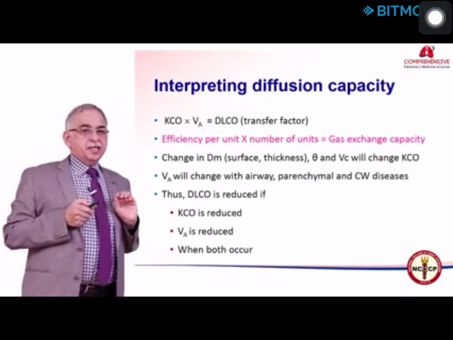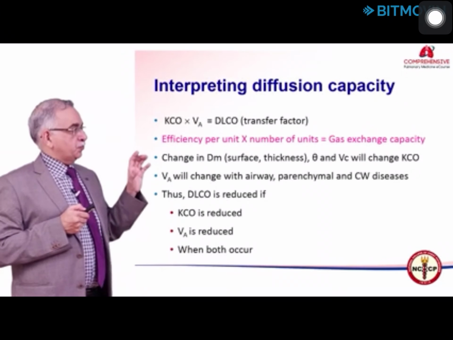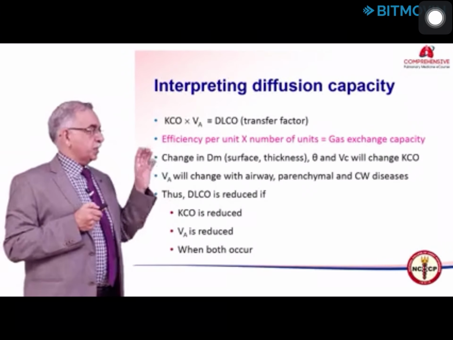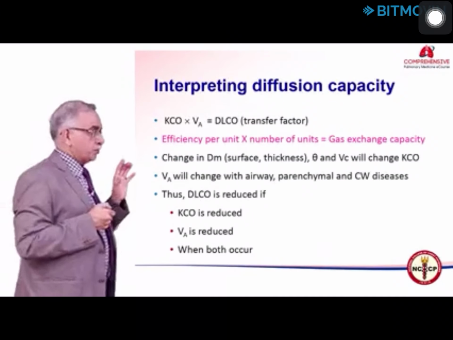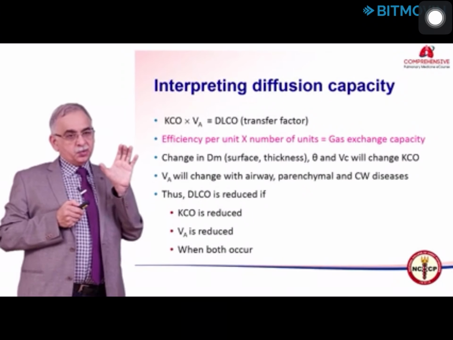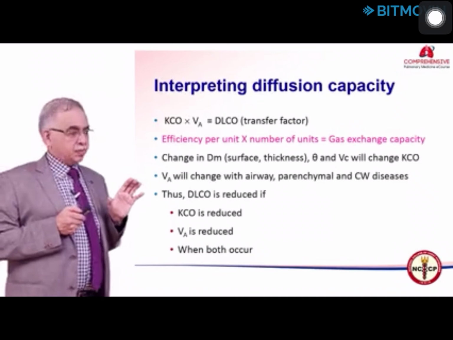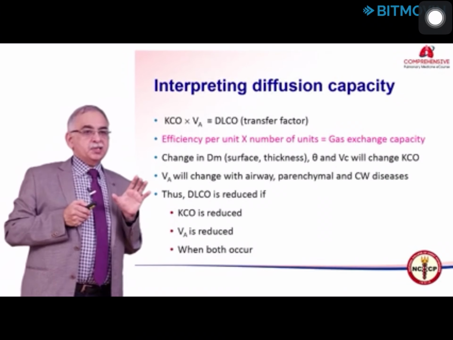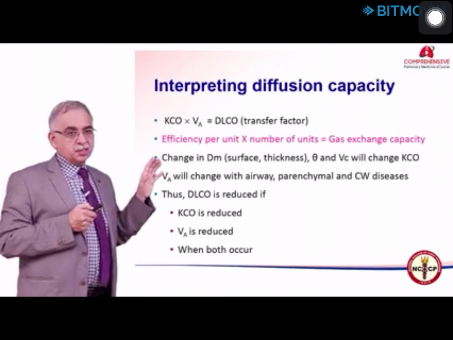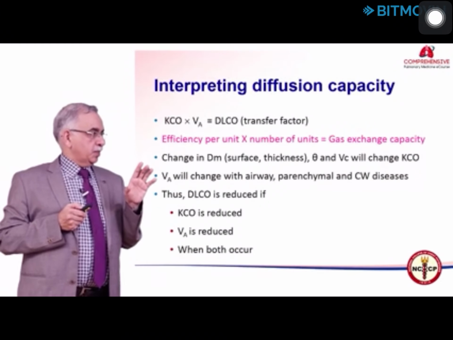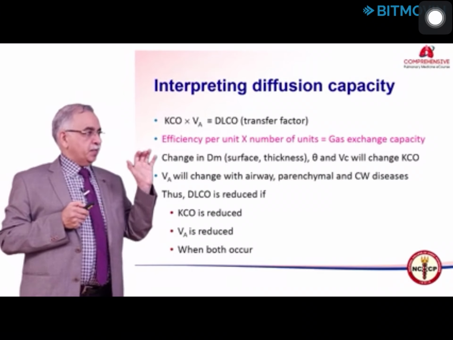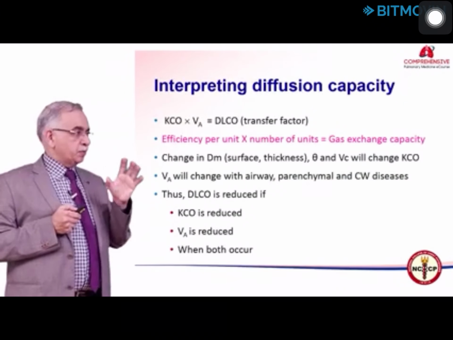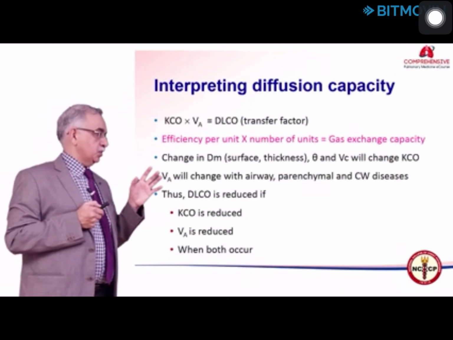Interpreting DLCO involves a consideration of 3 factors: what is the KCO, what is the VA and what is the DLCO. When we talk of diffusion capacity, then we talk of DLCO in general, but interpretation also involves considering KCO and the VA, because these are related entities and changes in DM, theta and the capillary blood volume all will change KCO.